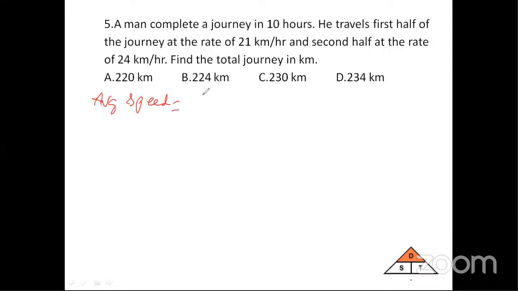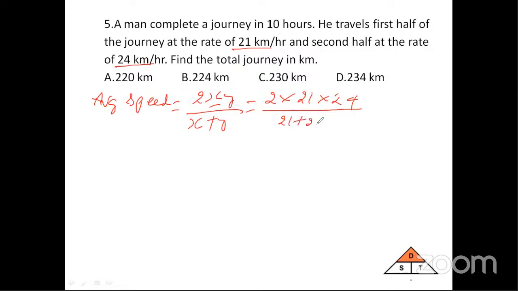Average speed is equal to 2xy divided by x plus y, where x means the speed for one half, and y means the speed for the other half. The first half is 21 kilometers per hour, we take it as x. The second half is 24, we take it as y. So it will be 2 into 21 into 24 divided by 21 plus 24.